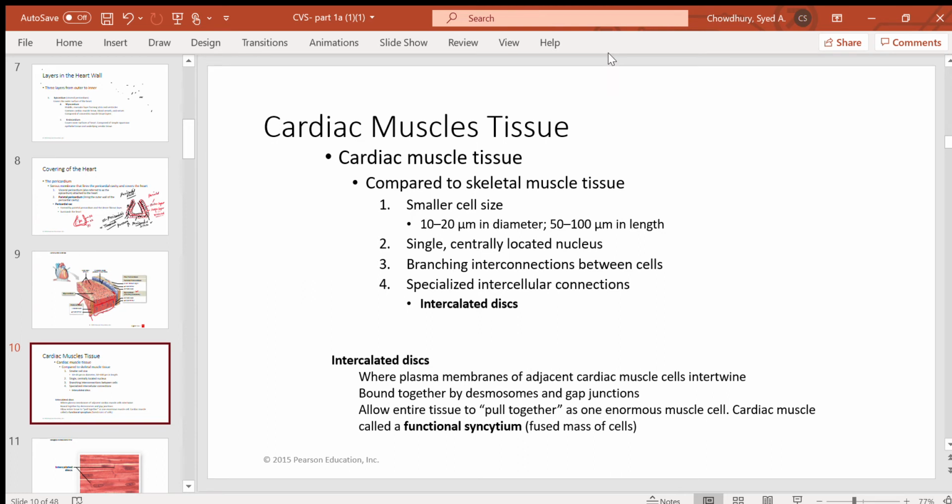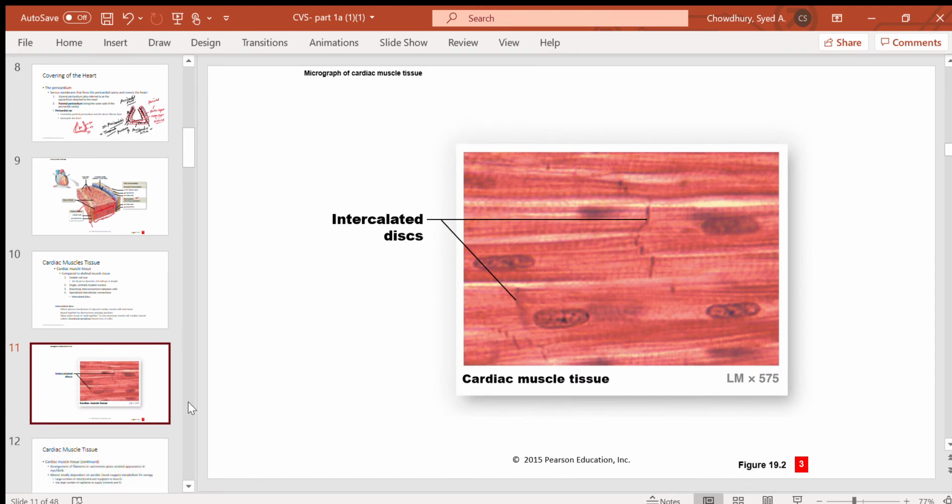Okay, now the properties of the cardiac muscle. You remember at the beginning I mentioned there are two types of properties, anatomical properties and physiological properties. Here we will see the anatomical properties. If you see the cardiac muscle, the muscle fibers here are cylindrical fibers like this.